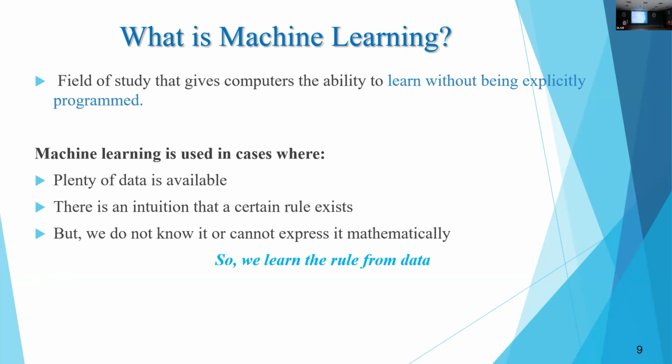The next slide. What then is machine learning? It is a field of study which gives the machine the ability to learn without being explicitly programmed. So automatically the machine is trying to learn something. And this is what machine learning is. Machine learning will be used in cases where, as I pointed out, we have plenty of data.